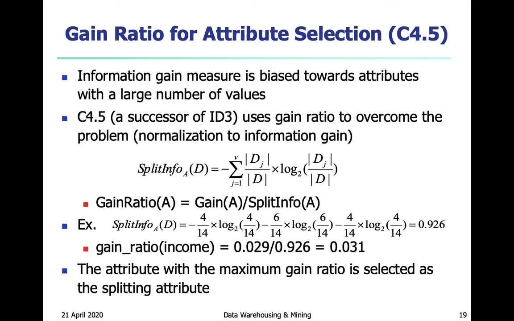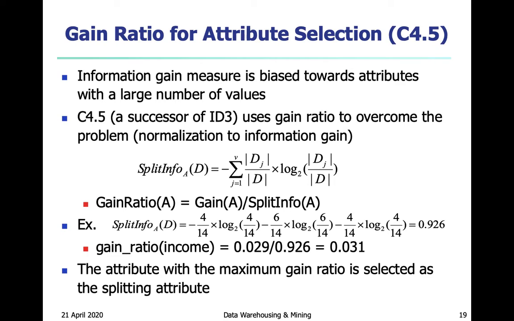Next is the gain ratio. The information gain measure is biased toward tests with many outcomes. Means it prefers to select attributes having a large number of values. For example, consider an attribute that acts as a unique identifier, such as the product ID. A split on product ID would result in a large number of partitions, each one containing just one tuple.